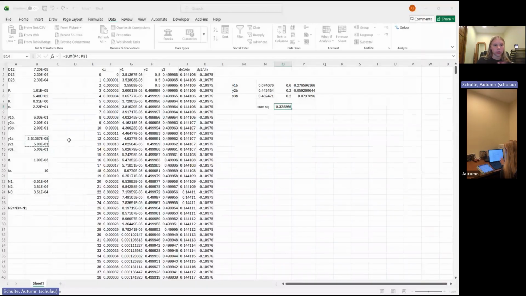So that was our initial guess, and now we want Solver to change them to match what we need. So if we put that in there, we want to make unconstrained variables non-negative, so that's perfect. And then we can go ahead and hit solve.